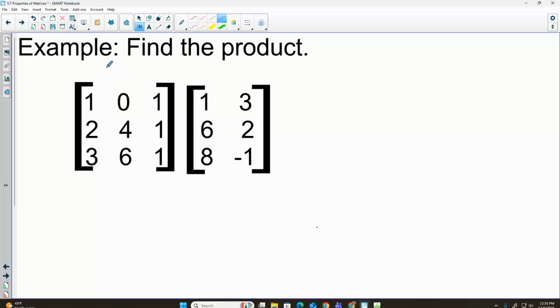How big is this one? And this one? So can we multiply them? Yes. If you couldn't, you just say no solution. And my answer will be 3 by 2. So 3 rows, 2 columns.